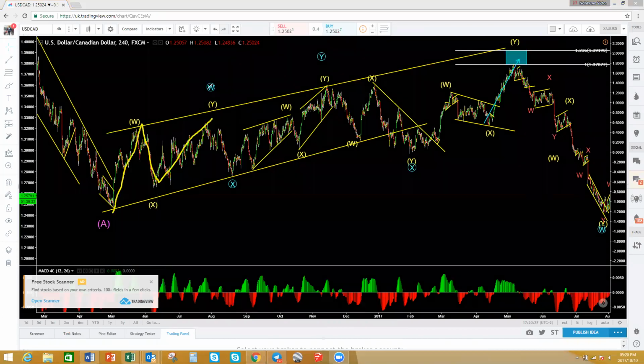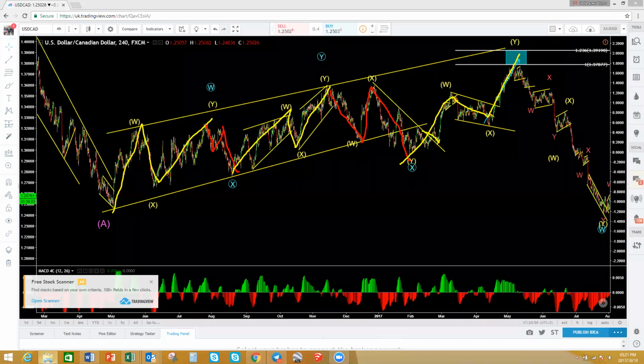You can see that is the first W. The second one in red, this is the connector. Let me just mark the connectors. See, the connectors are in red, and then the corrections in yellow. 1, 2, 3. 1, 2, 3. And we actually traded these pips up to here, these pips up to here, and all of these pips. So this is how we traded these pips.